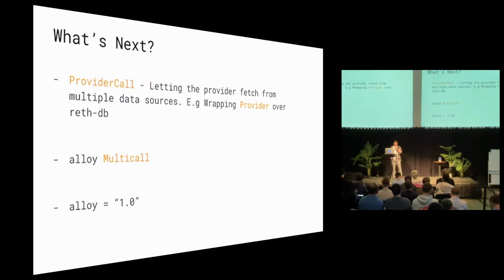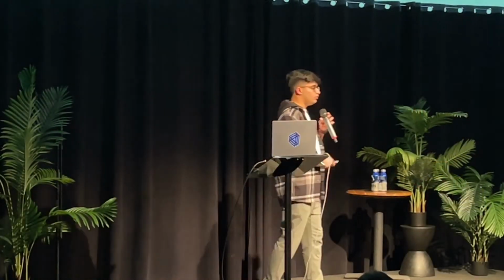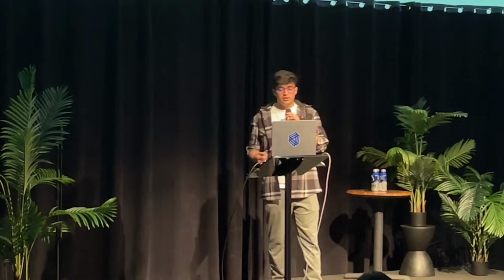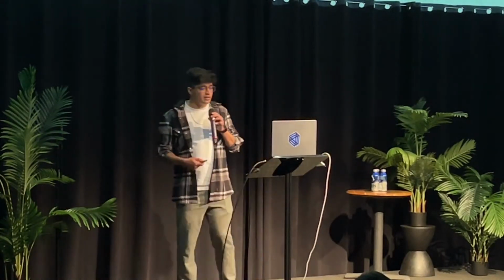This will allow you to wrap your provider trait over the RethDB or any other DB. And second is Alloy multi-call. We've had many requests to implement that. We've gone through the workflow, there are active issues over it, and hopefully we'll be implementing that also in the next few weeks.